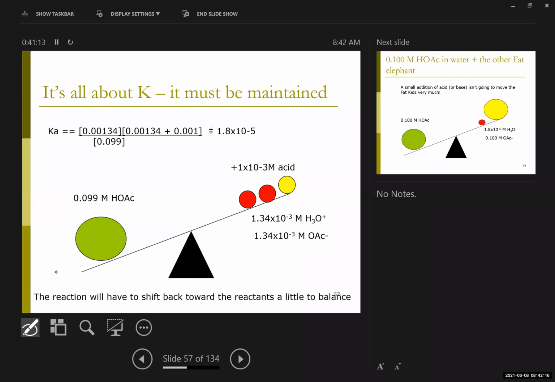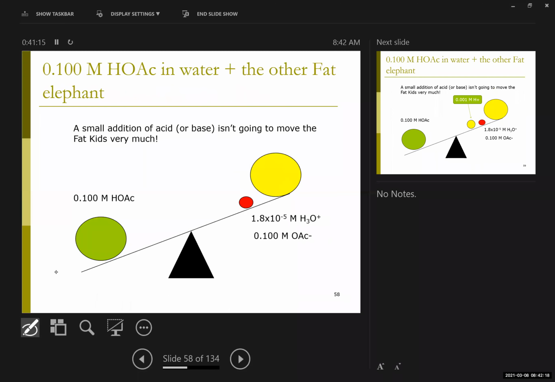On the other hand, for my recent mixture of acetic acid and acetate, my equilibrium had very little hydronium, but a whole lot of acetate, with the result being that the equilibrium position, the balance of the seesaw, is largely determined by the acetic acid and the acetate.